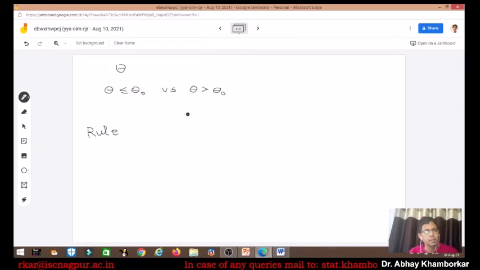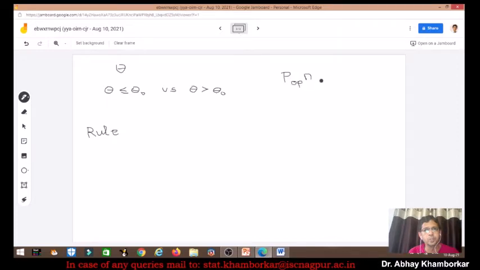Now, as I said, n, that means the sample size, is not fixed. So we are going to draw a random sample from the population. Suppose the population is there with the unknown parameter theta. We draw a sample.